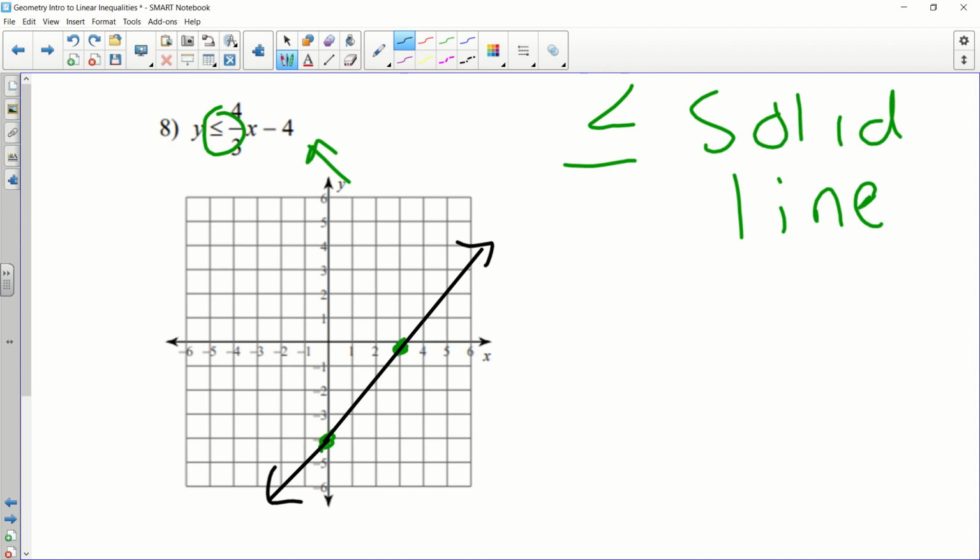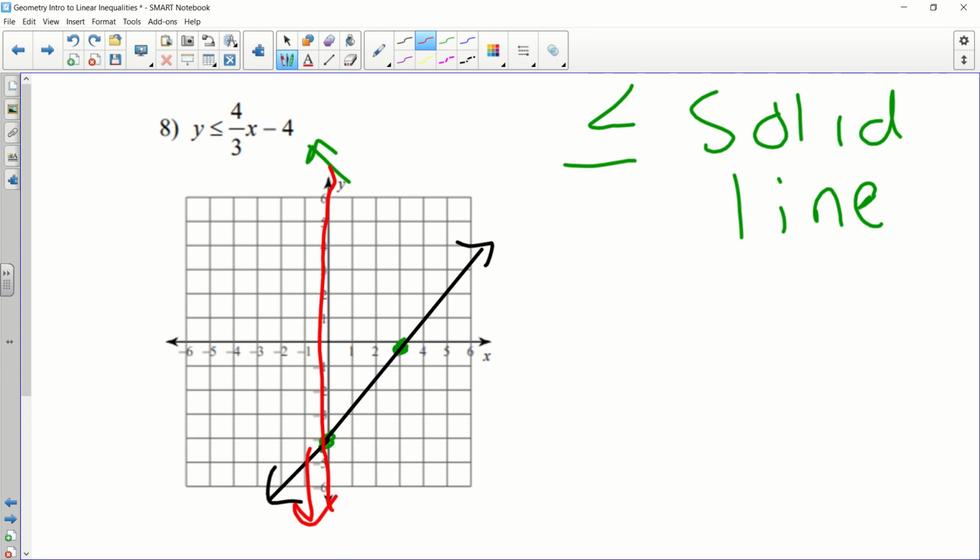The second part, my y values are less than this line. So my y values are going to be below this line because it is less than or equal to. Where my y values are lower than the line, given this is my y-axis, my lower y values are going to be in that direction.